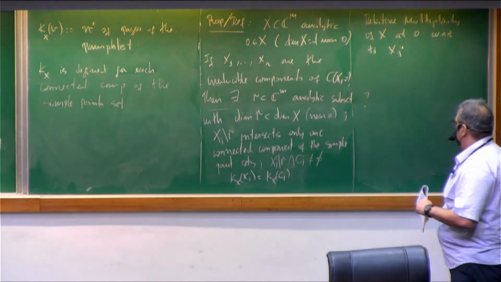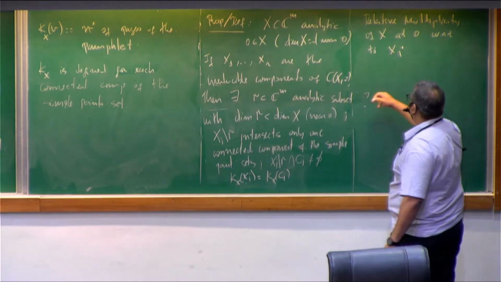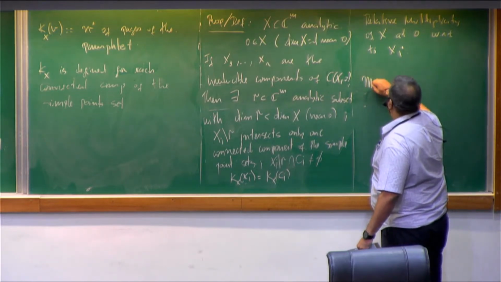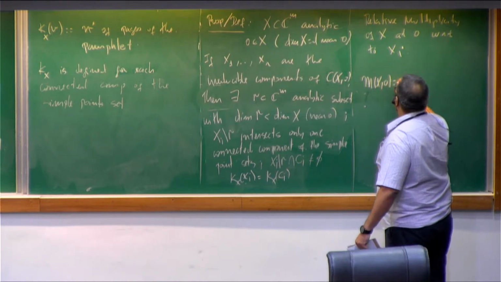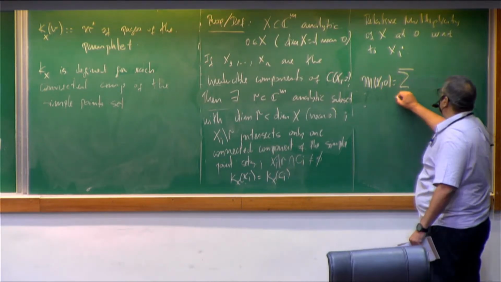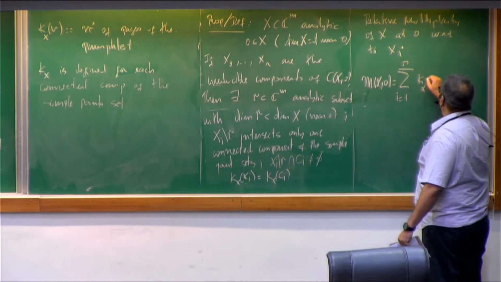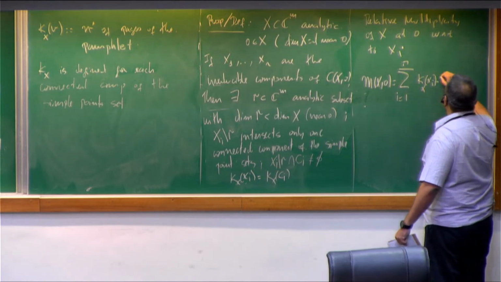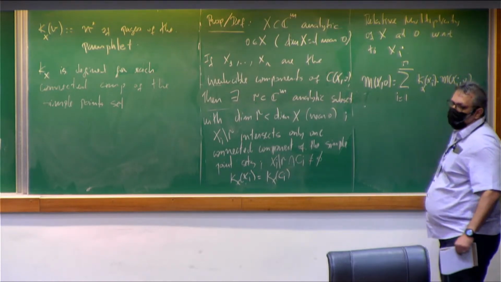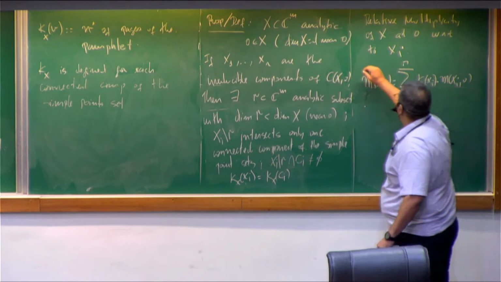Then we have the following formula. The multiplicity of X is equal to the sum of the relative multiplicity times the multiplicity of the irreducible component of this guy.